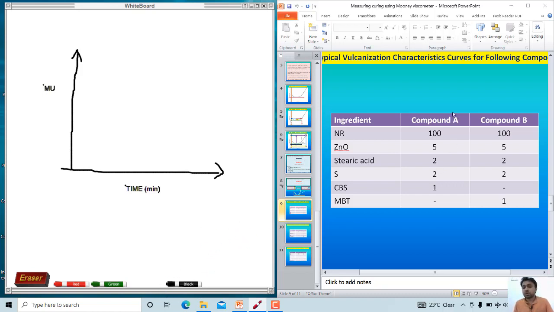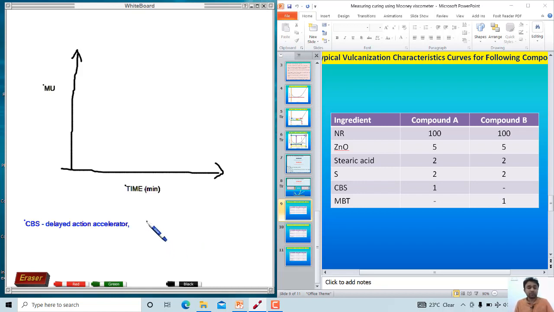We will first plot compound A. Before that you need to know what CBS is. CBS is a kind of delayed action accelerator.